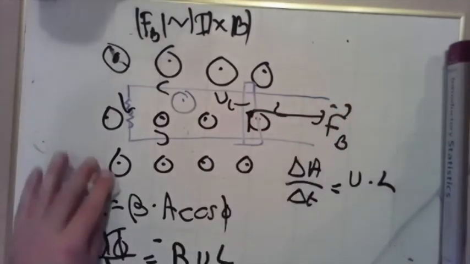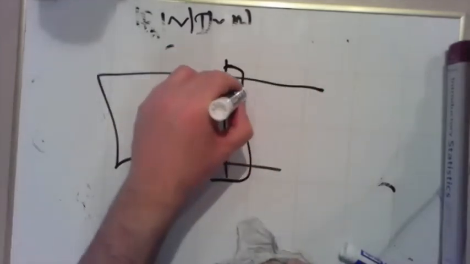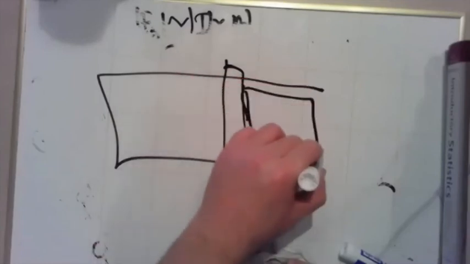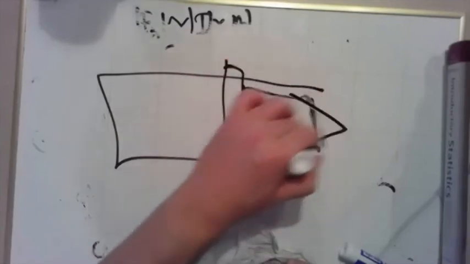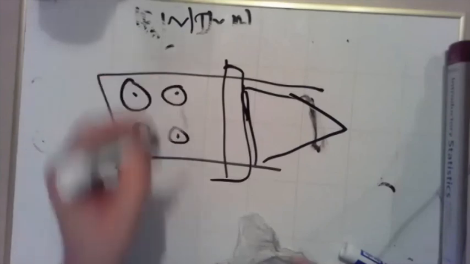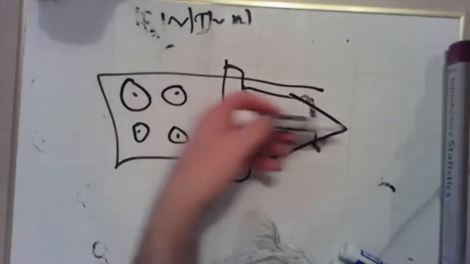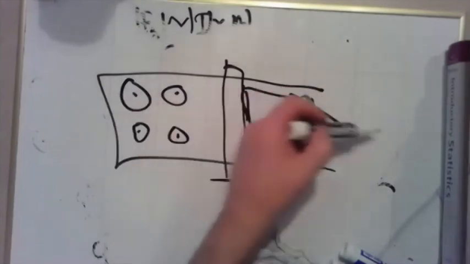So if I were to, I don't know, build a system that looks like this, put this bar here, put a projectile over here, suddenly increase the magnetic field really, really strongly and really quickly, this bar is going to move and it's going to shoot that projectile out.